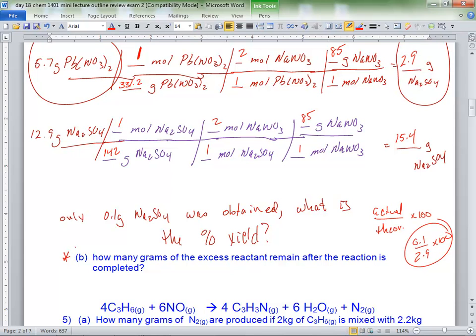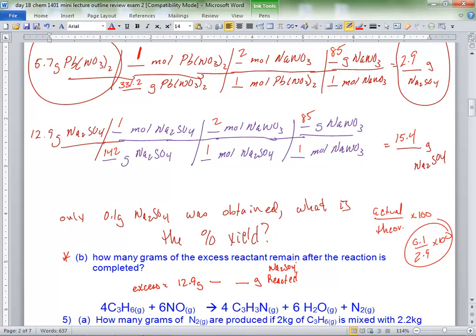So the excess reactant is which compound? The Na2SO4. The sodium sulfate is your excess reactant. There's something of it left over. So the excess is going to be 12.9 grams minus the grams of sodium sulfate that reacted.